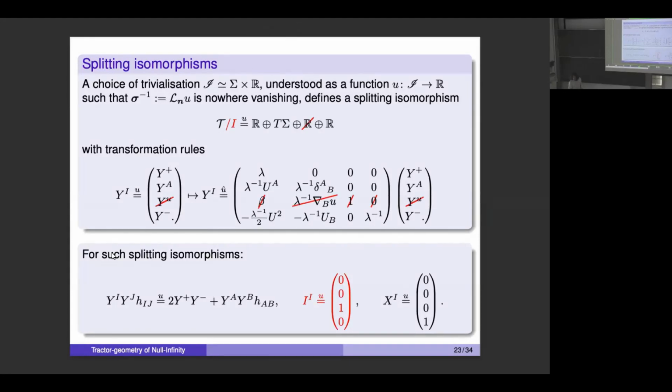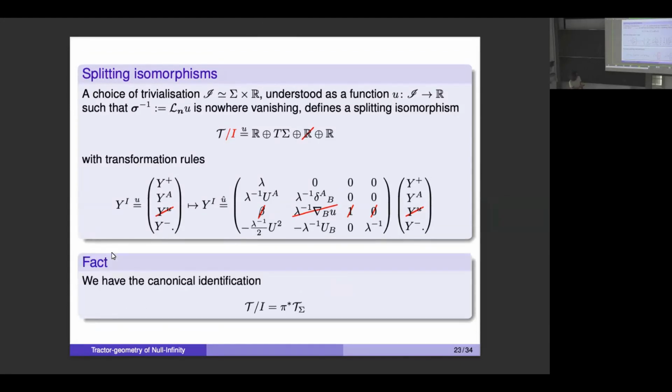One interesting thing you can do is you have this preferred null direction, I, so you can quotient by this. Quotient by this I, so you're just getting rid of this, forgetting about this line. What you find out is that you find something which looks a lot like your usual tractors. Indeed, what you can prove is that this quotient bundle is canonically isomorphic to the pullback of the tractor bundle on the quotient.